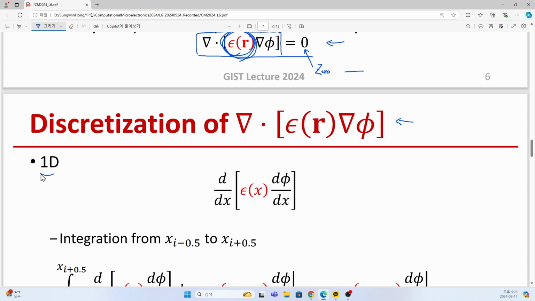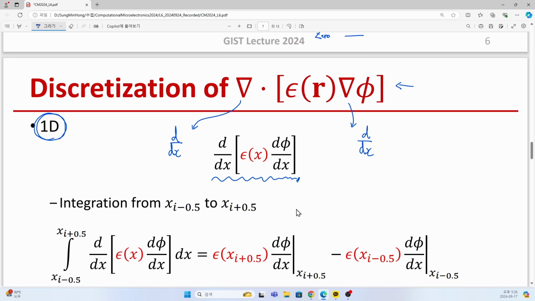Since we will restrict ourselves to only 1D, first of all, it becomes easier to write down this gradient operator, del operator, as d over dx. So in 1D, this is quite acceptable. Then how can we further discretize this expression or this operator?